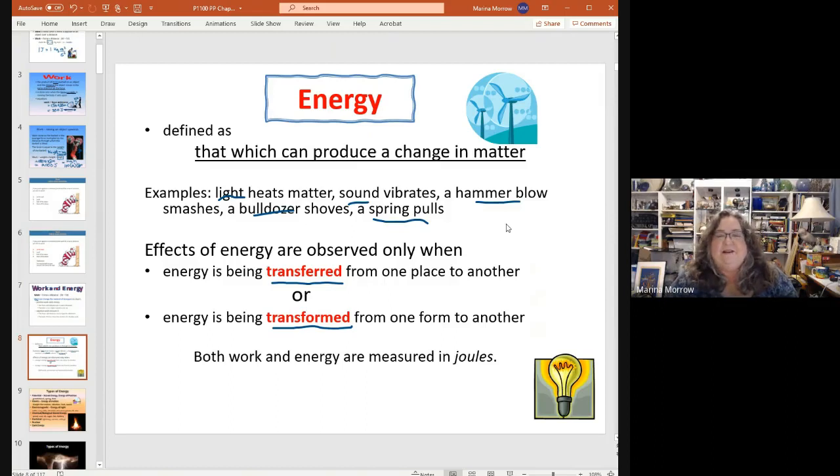But energy also gets transformed from one form to another. The energy that I gave the ball was motion, but that energy started out from me, from the food that I ate. So it's chemically stored energy. So let's look at different types of energy. But remember that energy will get transferred from one place or object to another. It will get transformed from one form to another.